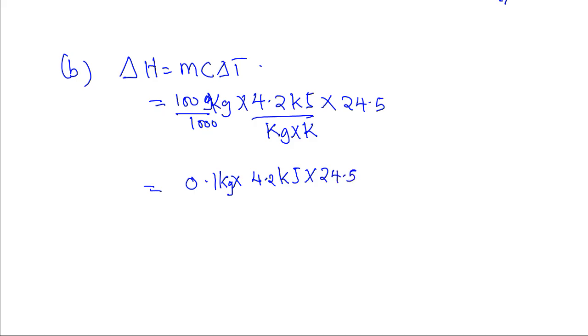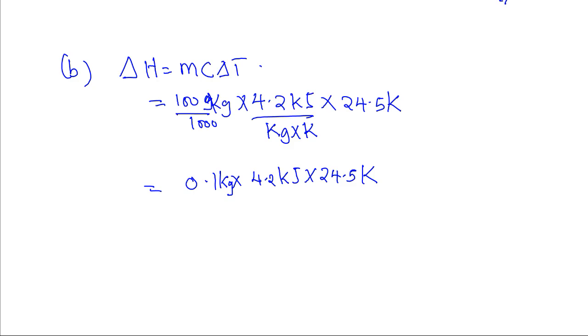24.5. Remember, a change in temperature can be either in Kelvin or degrees Celsius, implying that even if you have to convert the two temperature values to Kelvin, the difference between them will still be 24.5 as the change in temperature.